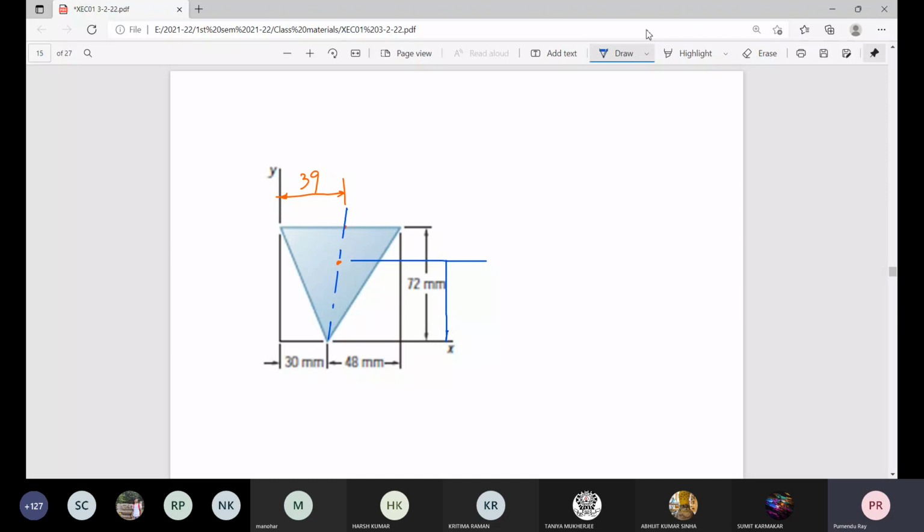Two-thirds of 72. Yes, it is. But XC is different. So to get the value of XC, we do this. Let me erase all this additional information, otherwise it will be confusing for us.